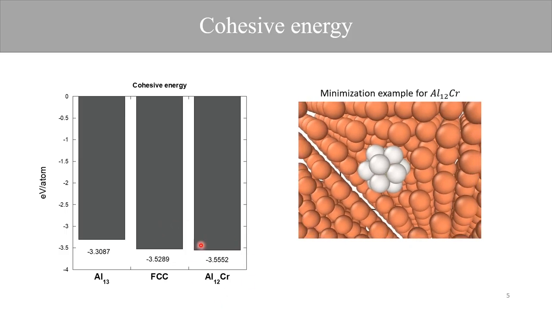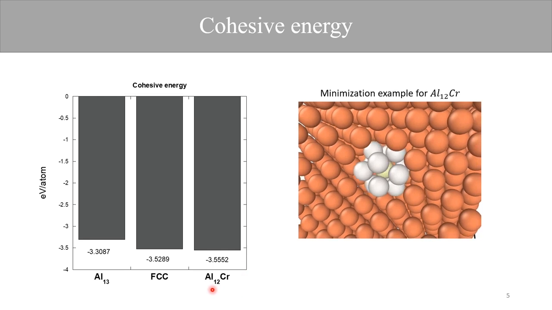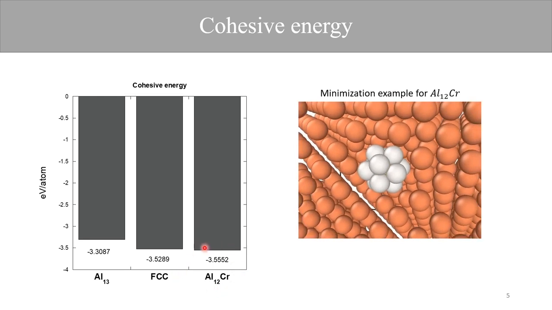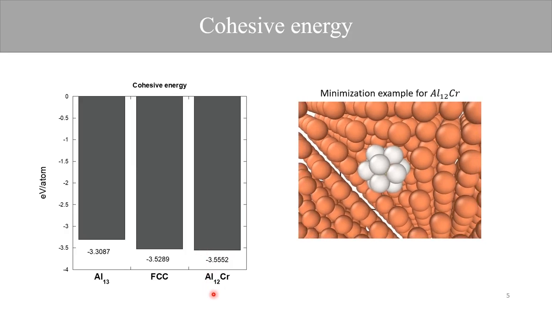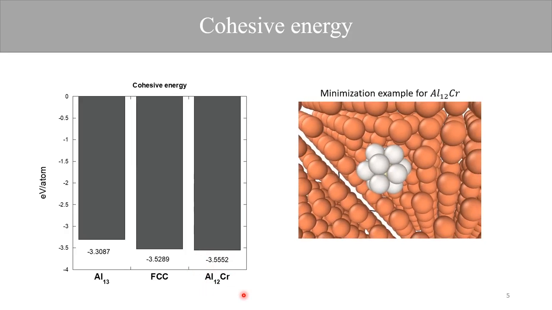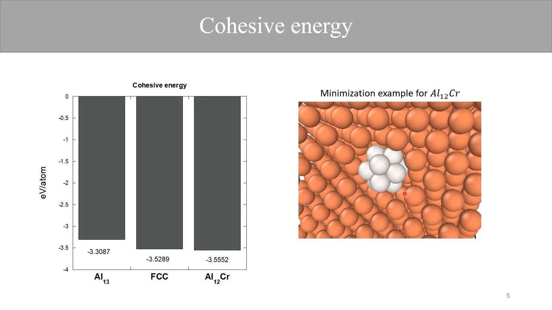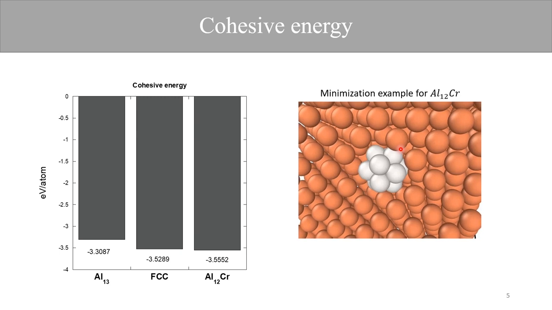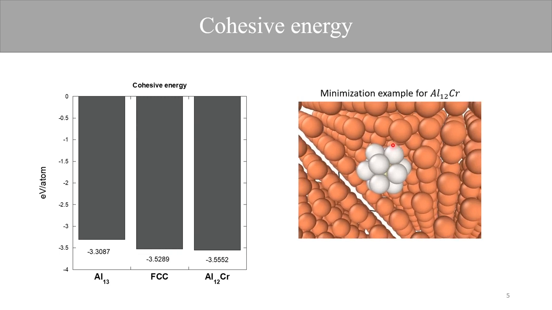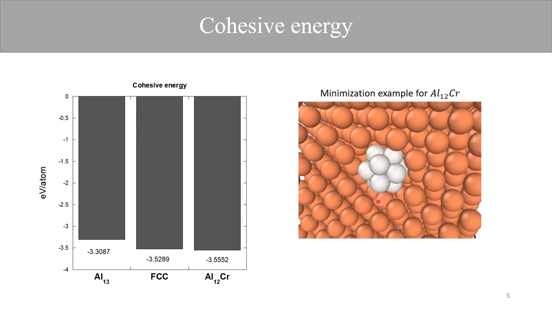On the other hand, we can see that the Al12Cr is more stable than FCC. So in this case, aluminum atoms will prefer to stay in this arrangement. So in the future, we also want to evaluate the cohesive energy of this cluster in the middle of a liquid, so we can have a more accurate cohesive energy.